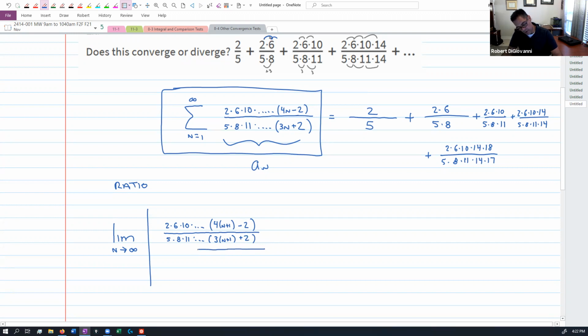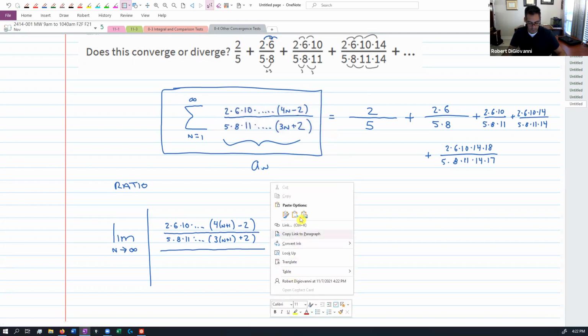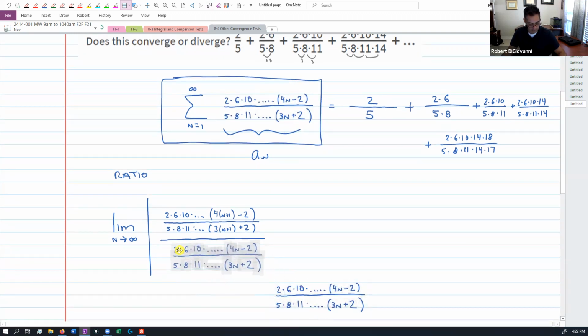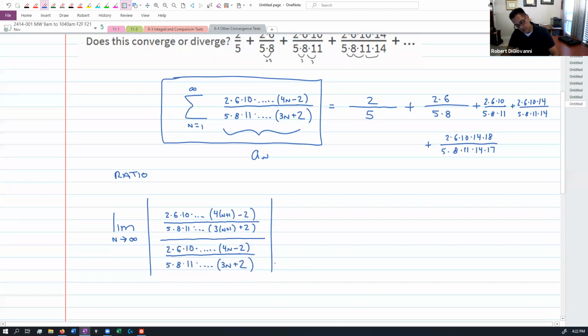All of that over this without any n plus 1s plugged in. So I'm going to copy it. Put it right here. Whoa, this looks like a mess. An absolute mess.